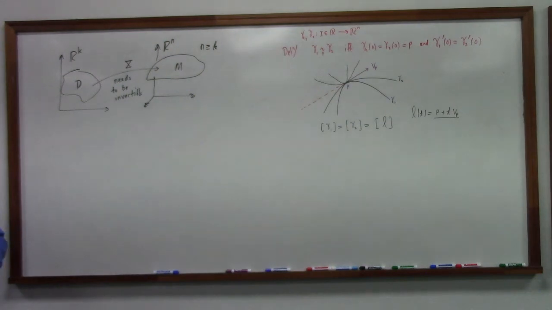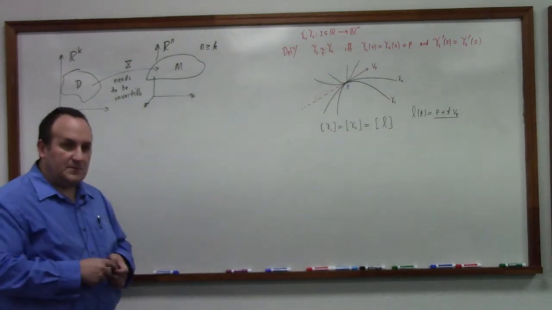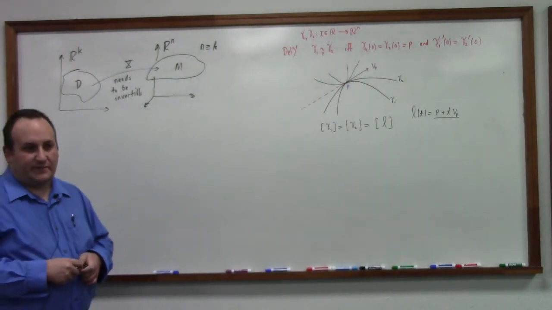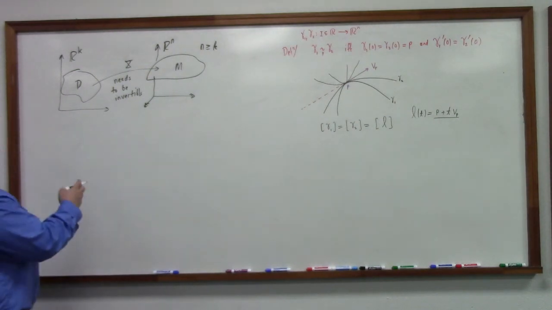Unfortunately, in my original statement of problem 10, my parameterization was not invertible. The point I picked and the formulas I gave you gave us a velocity vector which was 0. That's symptomatic of a lack of invertibility at that point. So here's a theorem.